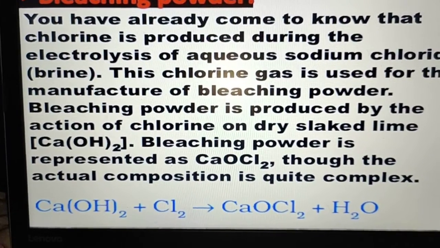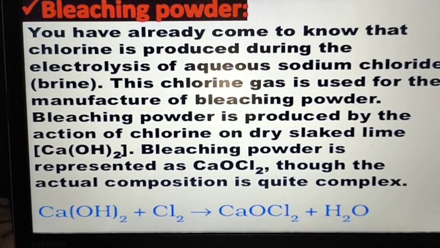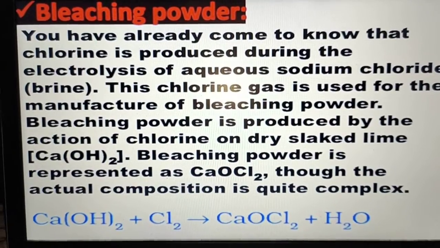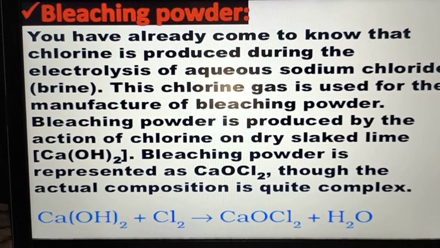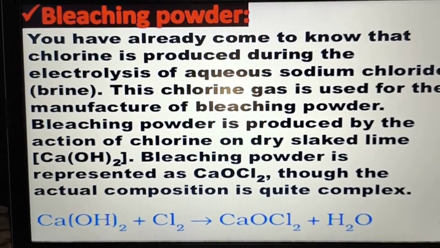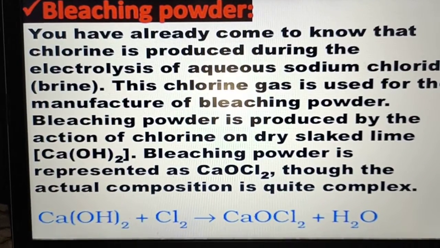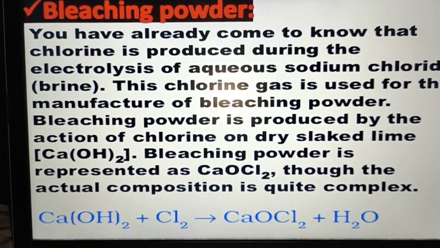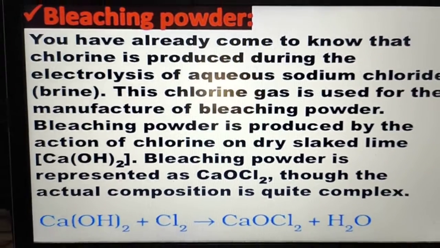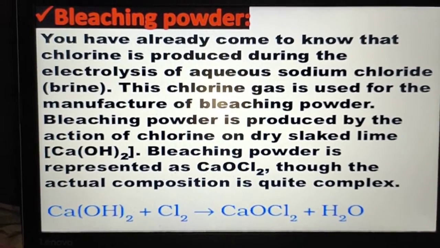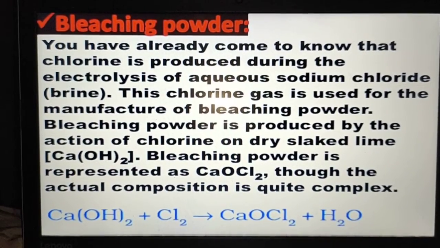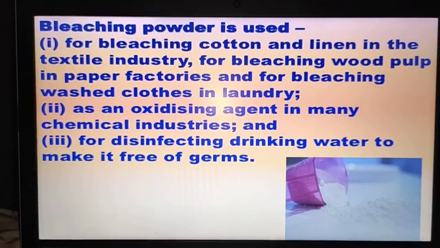That means we are getting the bleaching powder from calcium hydroxide. Bleaching powder is produced by the action of chlorine on dry slaked lime, that is calcium hydroxide, and it is represented as calcium oxychloride, though the actual composition is quite complex. So Ca(OH)2 plus Cl2 gives you CaOCl2 plus H2O.